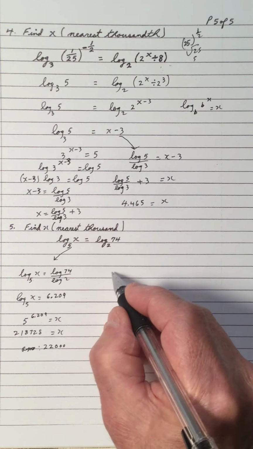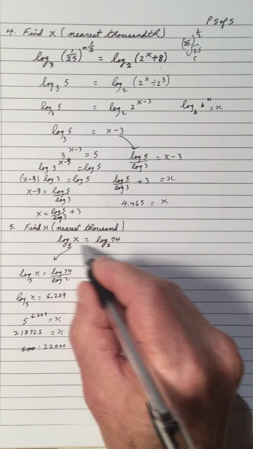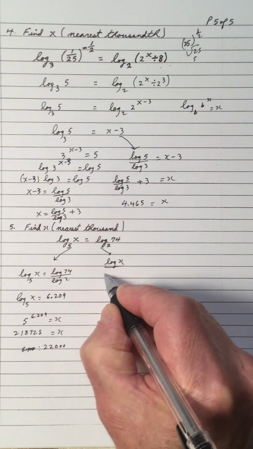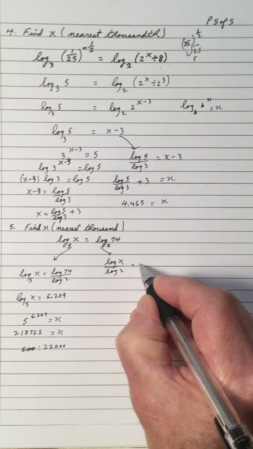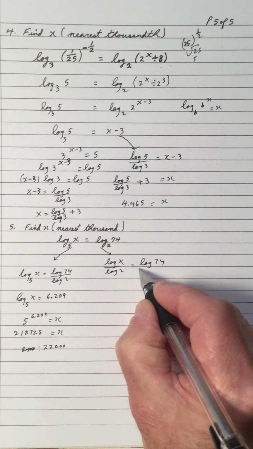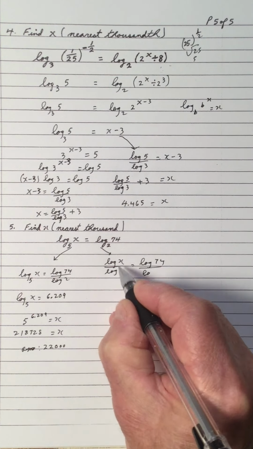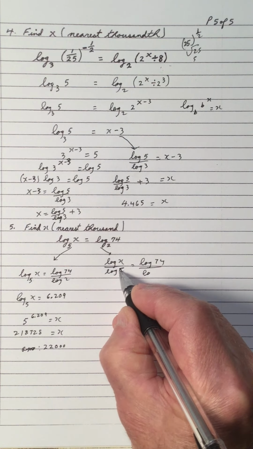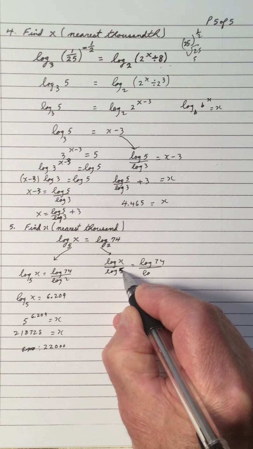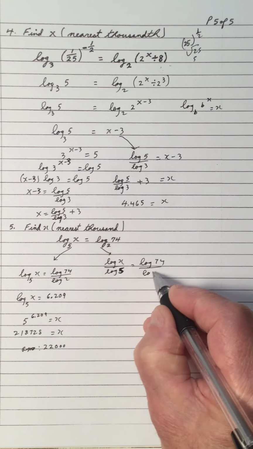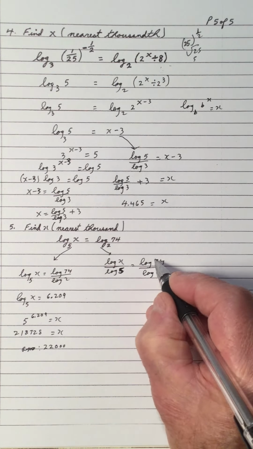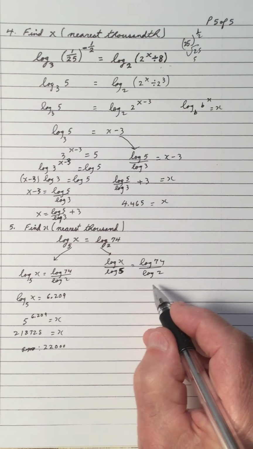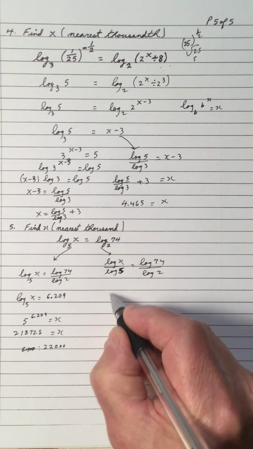Or another option would be to go log x divided by log 5 equals log 74 divided by log 2. I said log x divided by log 2, but that's log x divided by log 5. Better be careful. So to solve this for x, we cross multiply, so take a shortcut.